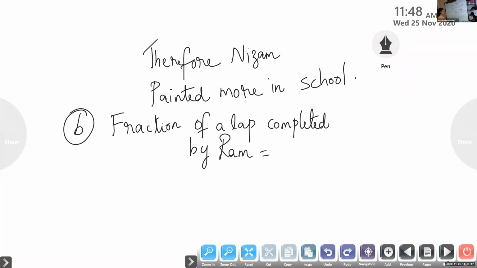Ram completed 4 by 5. Next one, fraction of a lap completed by Shyam. Shyam completed, how much do we have? 6 by 10.